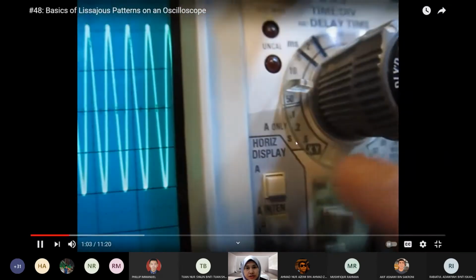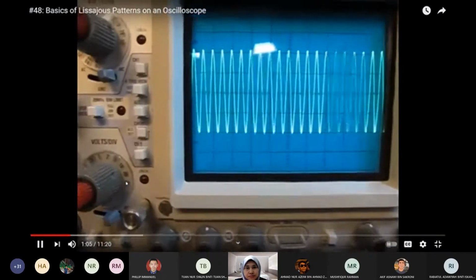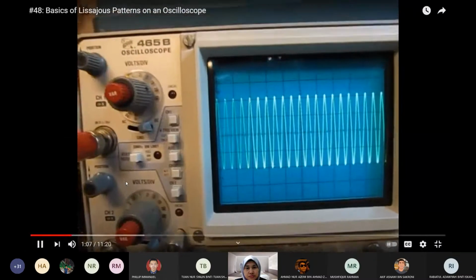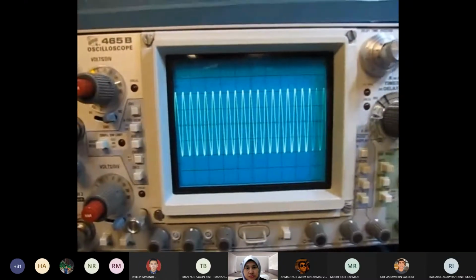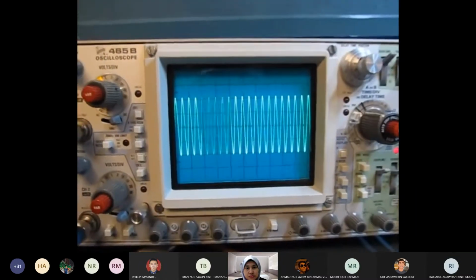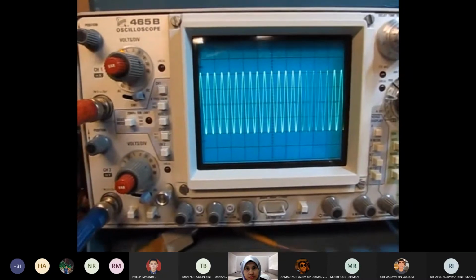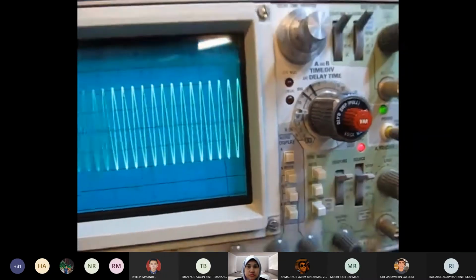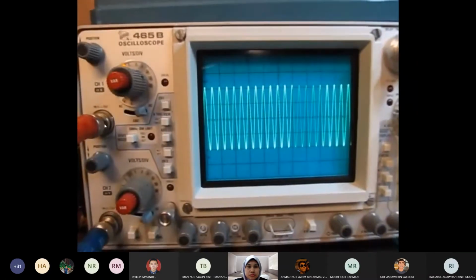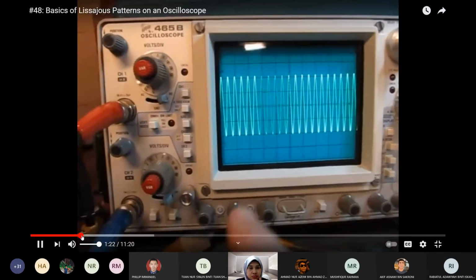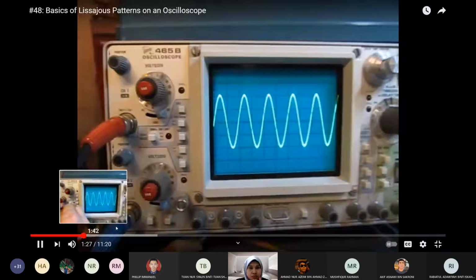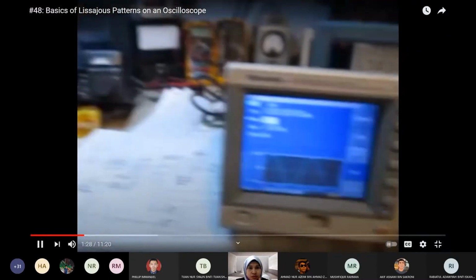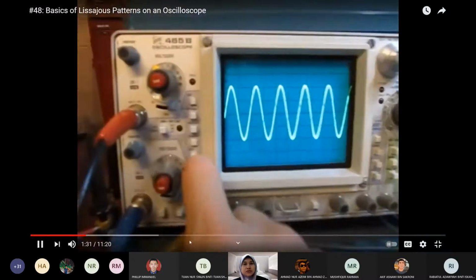So we set it at XY mode. 1 kilohertz for both.